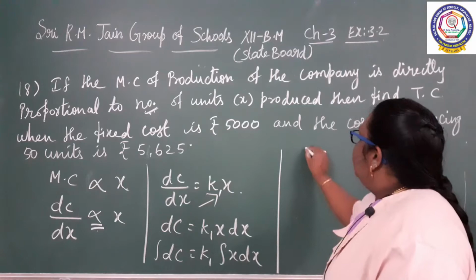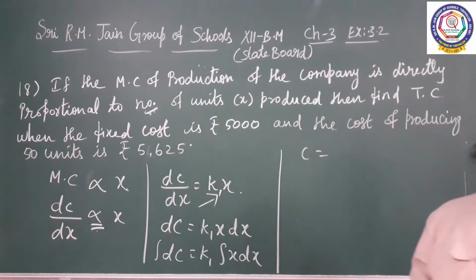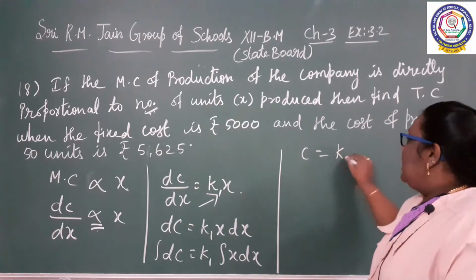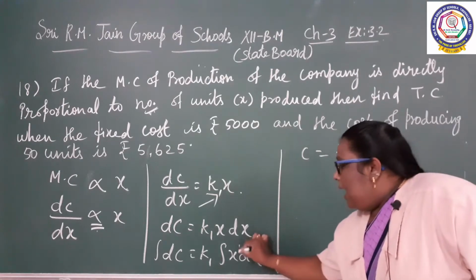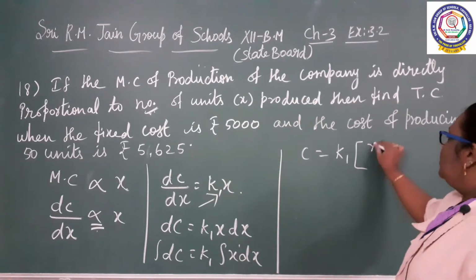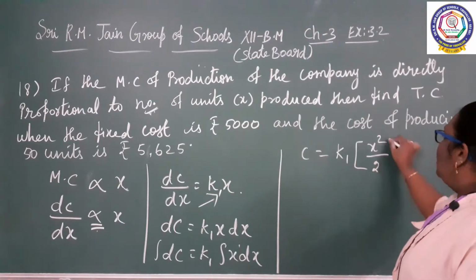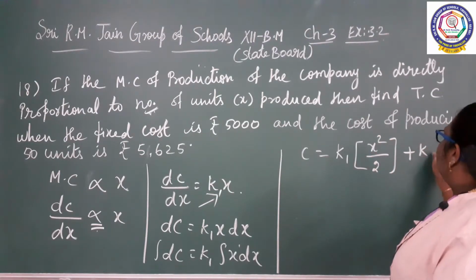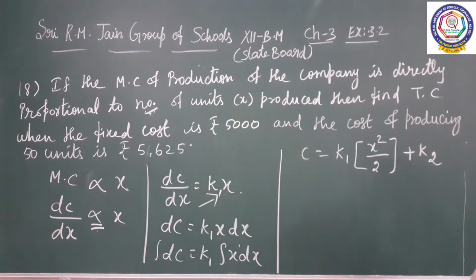See here, c equal to k1 into x power n plus 1 by n plus 1, so x square by 2. This constant you can put as K2. First, what is given? Fixed cost is 5,000. Normally we are going to use this method only.